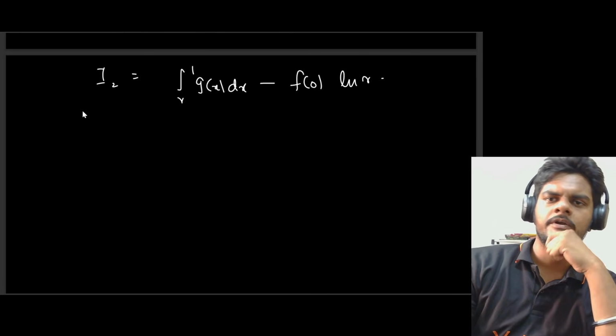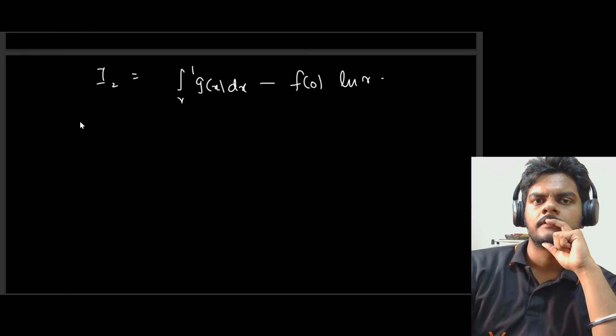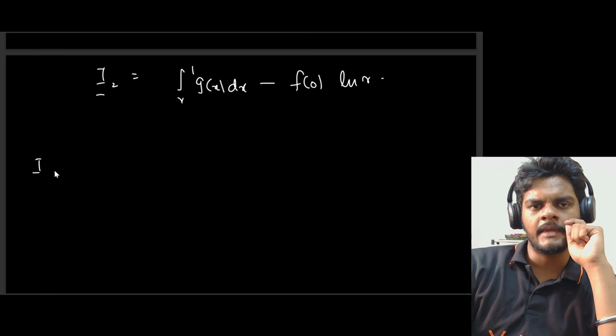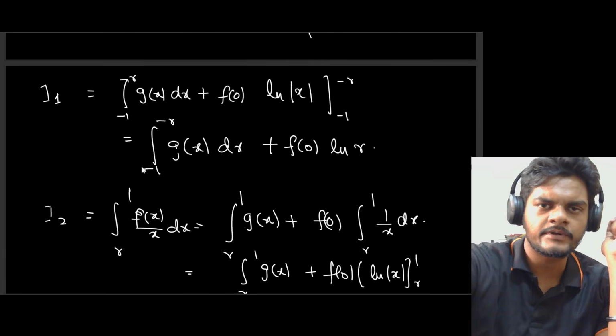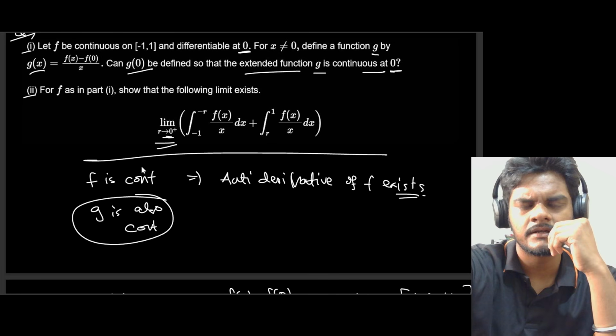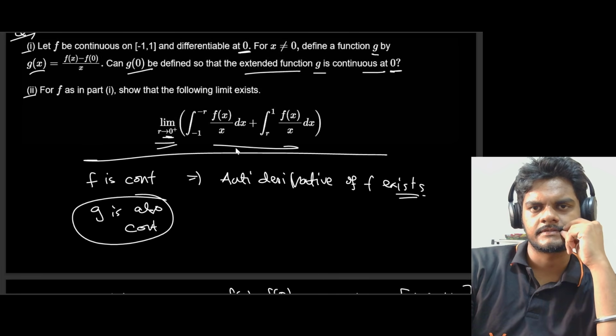What do I do? What do I get? All right. My main integral is I1 plus I2. So now I'm going to simply add, before putting the limits, I'm going to add this, this, this.